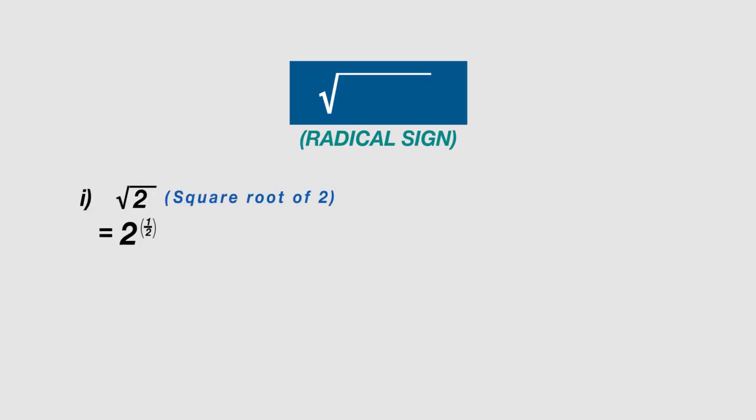There's one other thing that you need to know. This symbol is called the radical sign. And the expression 2 under the radical sign is called the square root of 2. It can also be written as 2 raised to the power half.